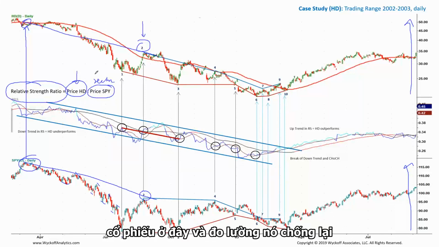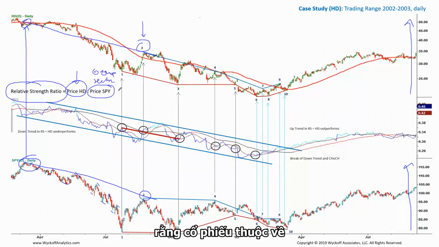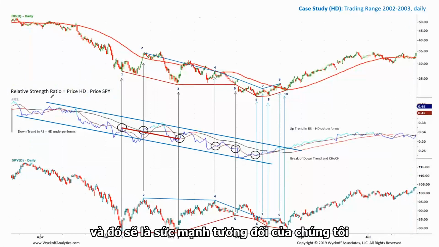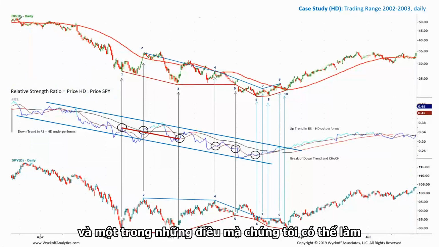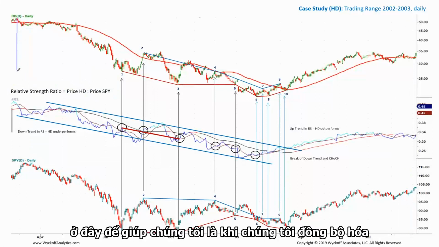You could measure the stock against the strength of the group that the stock belongs to. And it's always going to give us some kind of line, and that would be our relative strength ratio line.